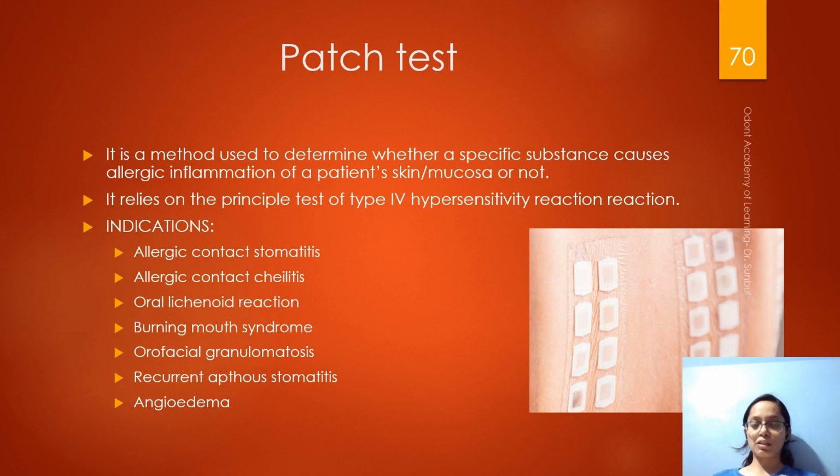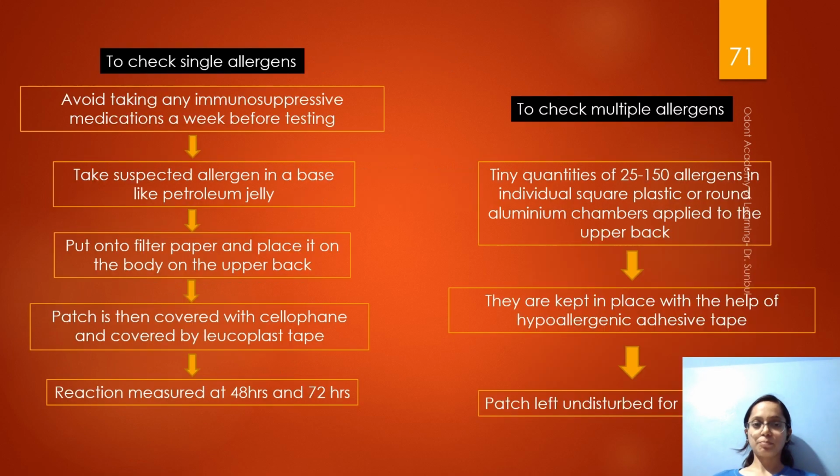Here the patch test can be done because there might be a particular causative agent that is causing that allergic inflammation of the patient's skin or mucosa. So we need to find that out, and we have to eliminate that.